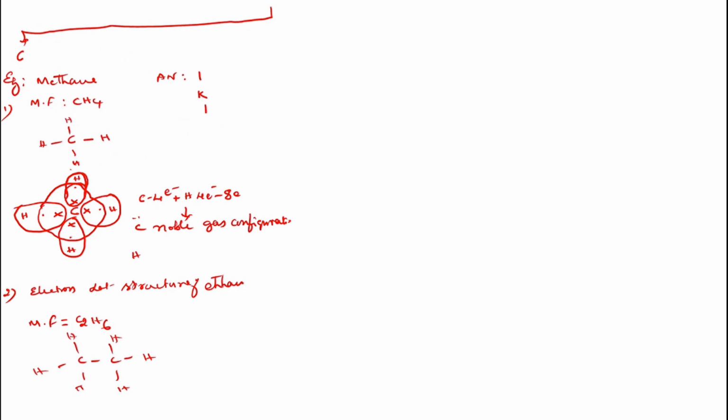Now carbon we have seen. Now hydrogen we will see, how hydrogen shows its dot structure. See, hydrogen has atomic number 1. So that means it has a half-filled K shell. That means in the K shell it has 1 electron.